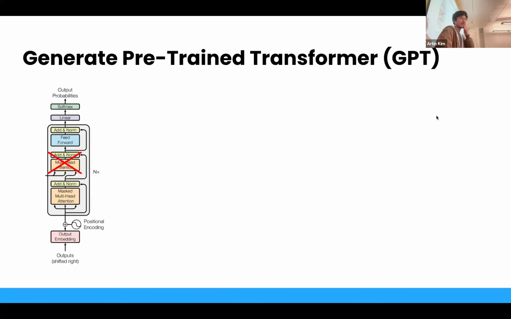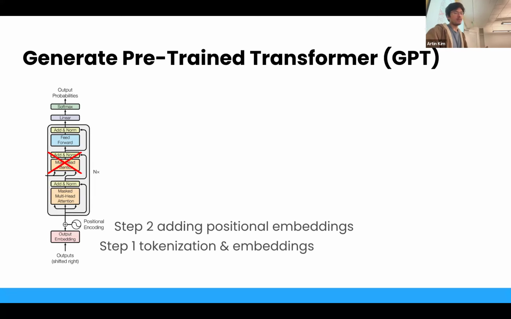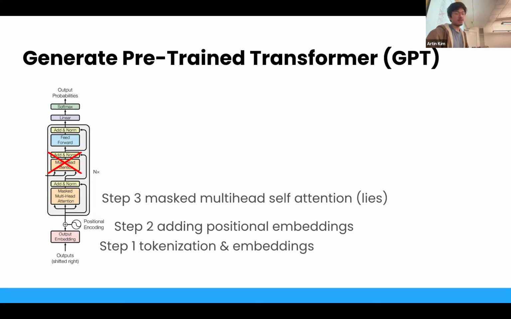So here are the general steps. Again, I'm gonna go pretty fast through this. We pretty much have to take our sentence and turn it into tokens, and then turn those tokens into numbers. That's breaking it apart, tokenizing it. Then we add what's called positional embeddings to encode information about how they're positioned in the sentence. Then we pass it through what's called masked multi-head self-attention.